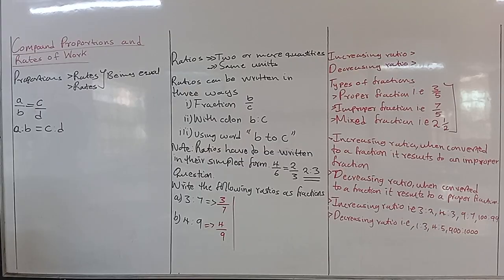How far something can be done, that is what we term as the rate. So in this case, we can have a cross multiplication of our ratio.